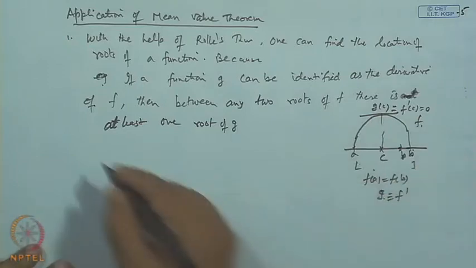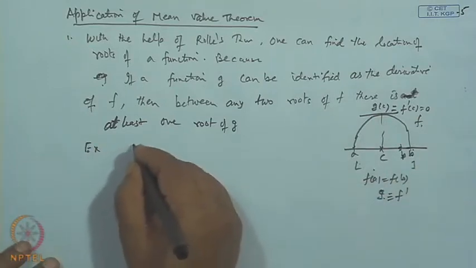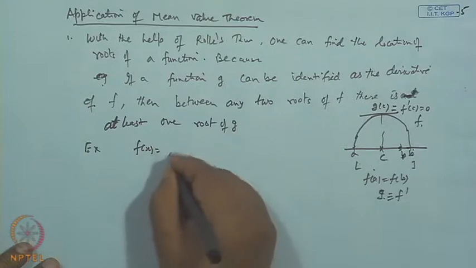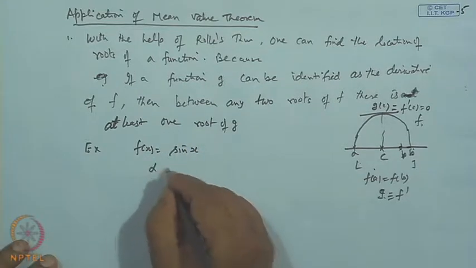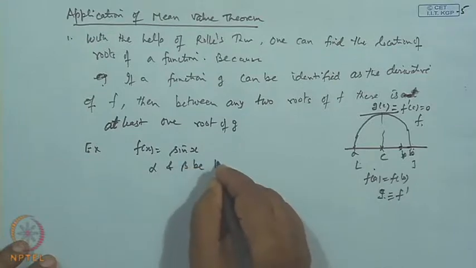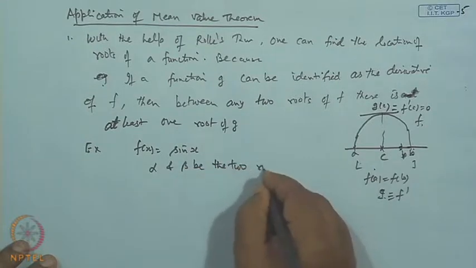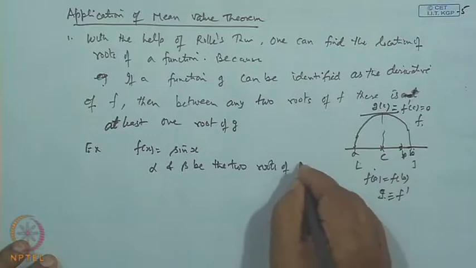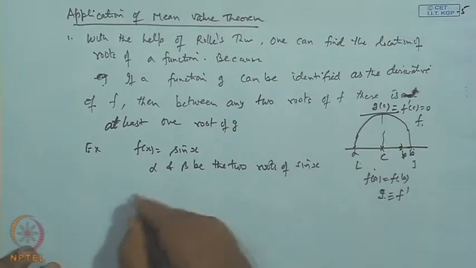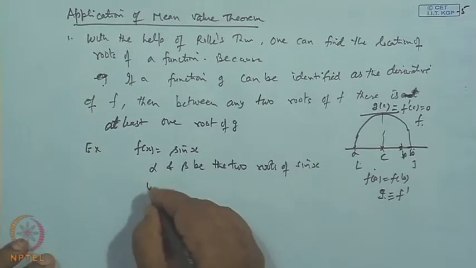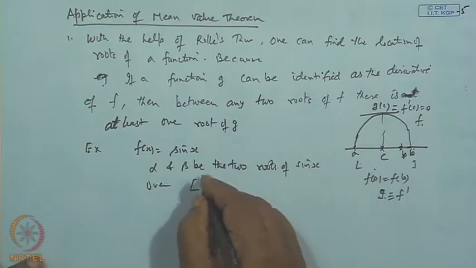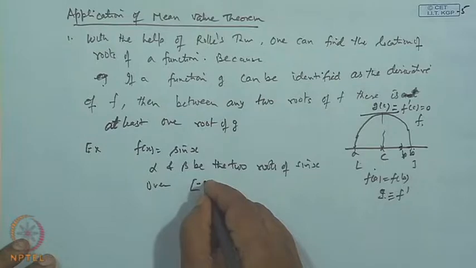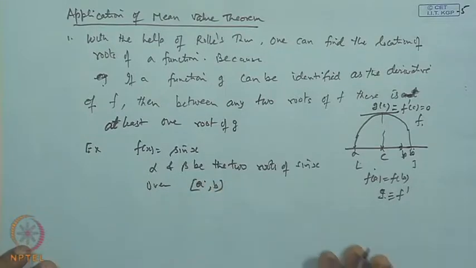So, for example, if we look at the function f x, which is say sin x, then let alpha and beta be the two roots of this function sin x.